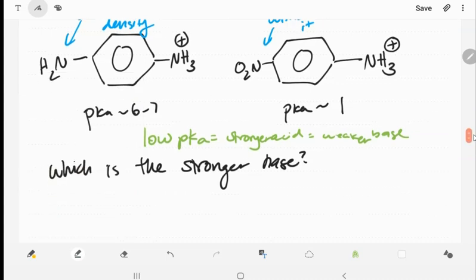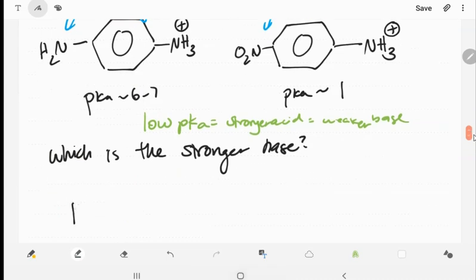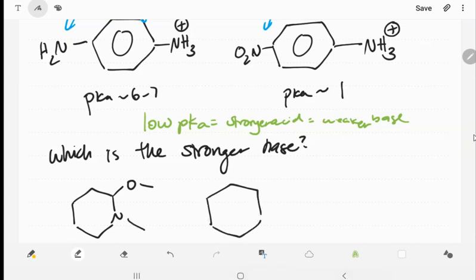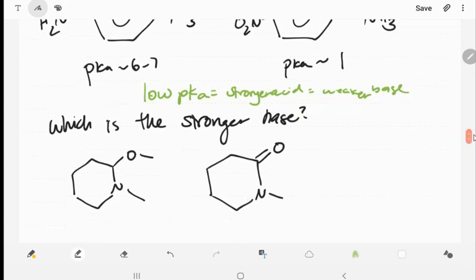How about we look at this? Which of these is going to be the stronger base? And why? No number is required.